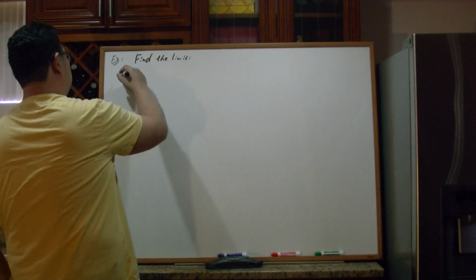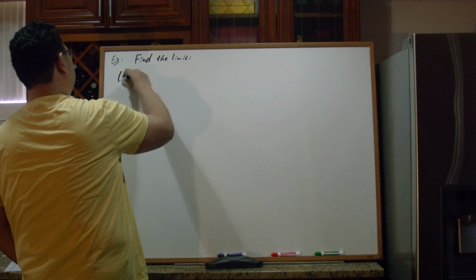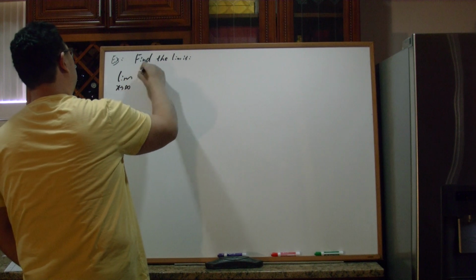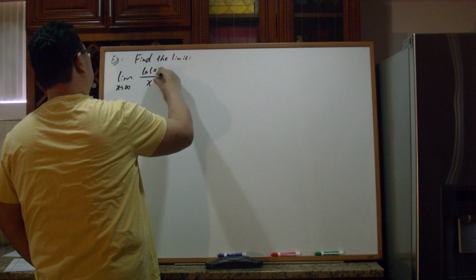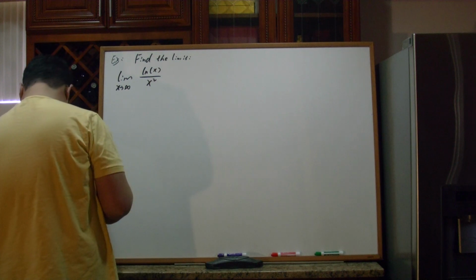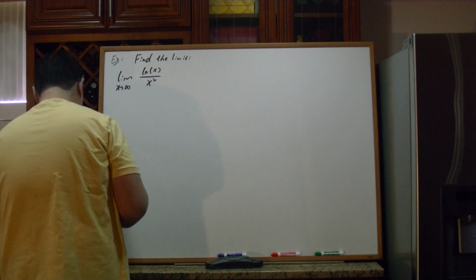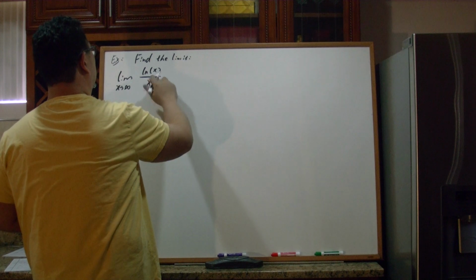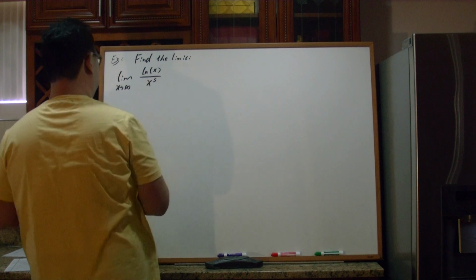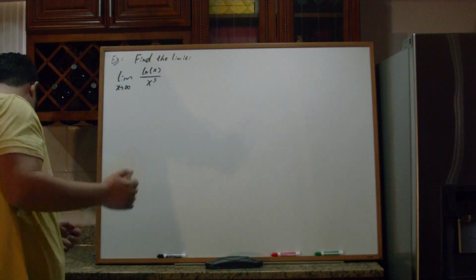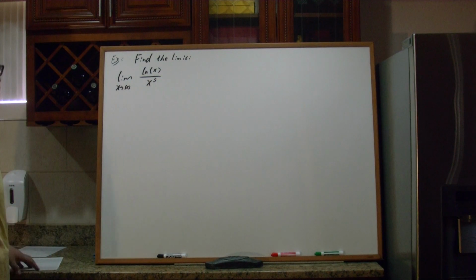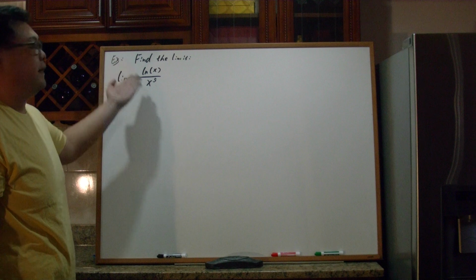Then we see the next example: limit as x approaches infinity of natural log of x over x to the higher power. Right, this limit, we don't have other ways to do.